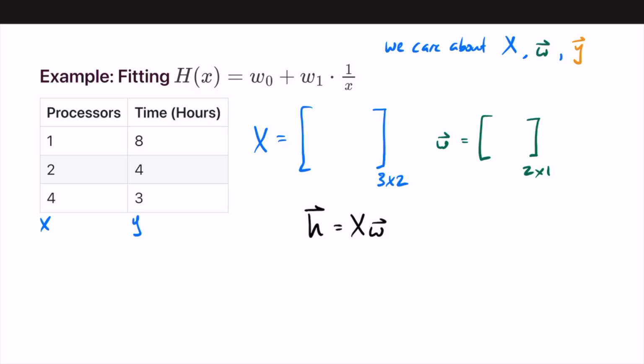We know that we have our W naught and then we have 1x, so we have our W sub 1. And we know in our design matrix that we're going to have our 3 ones.